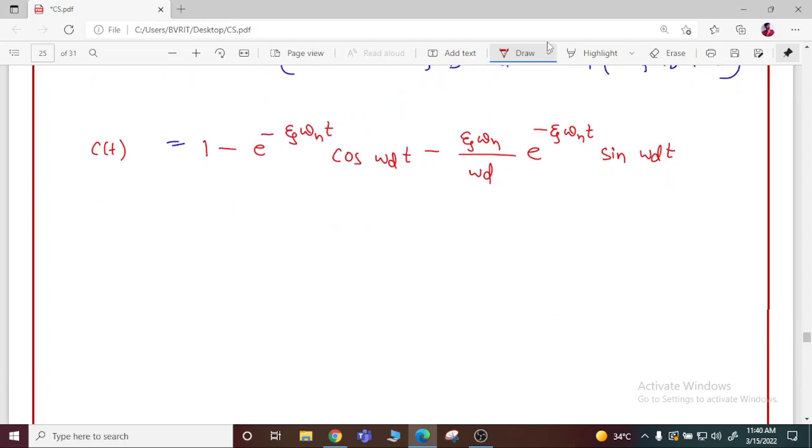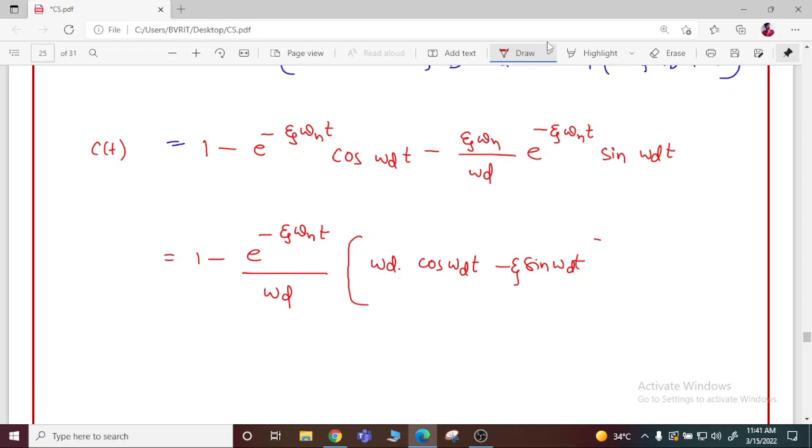Here I can reduce this further: 1 minus, I can take e power of minus zeta omega n t as common, and I am also taking omega d in the denominator, so that omega d into cos omega d t minus sin omega d t into zeta.